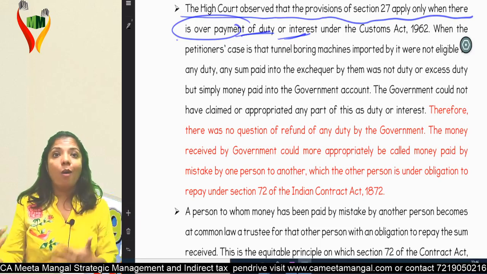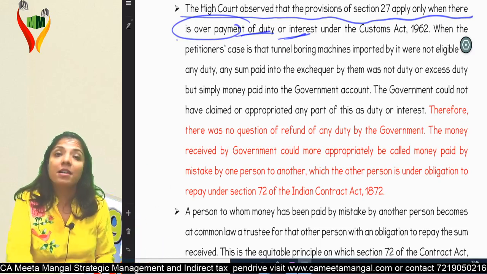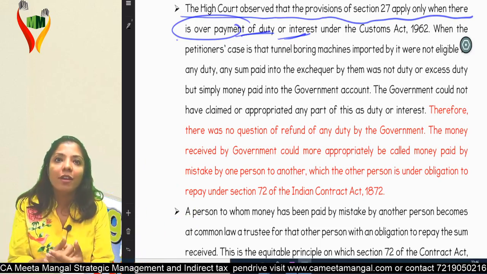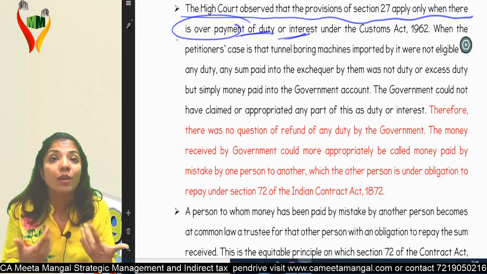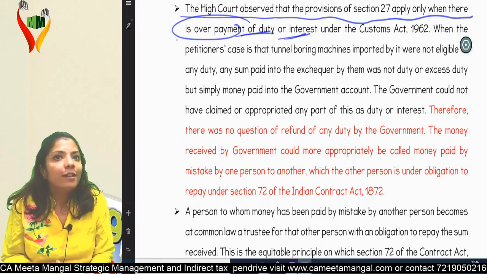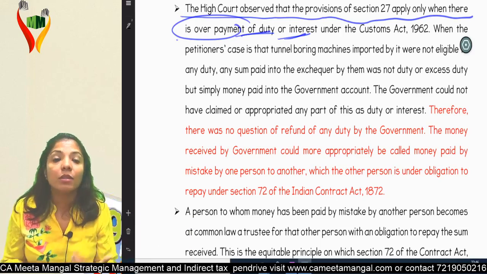Now see how from customs we shifted to contract, because customs is not in the picture. Refund is not in the picture. Refund comes only when you have paid tax in excess. But boss, you didn't have to pay tax at all, so there's no question of refund. So customs is out.